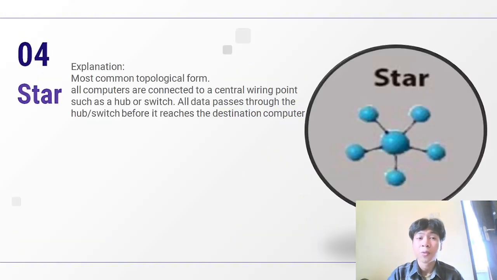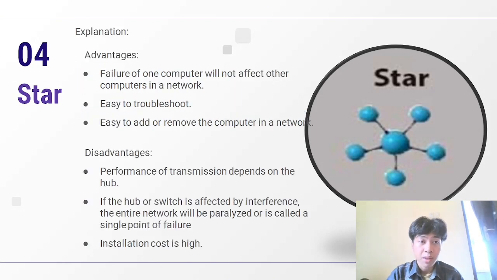Next is star topology. This topology is the most common topological form, and all computers are connected to a central wiring point, such as a hub or switch. All data passes through the hub or switch before it reaches the destination computer. The advantages of this topology are: number one, failure of one computer will not affect other computers.